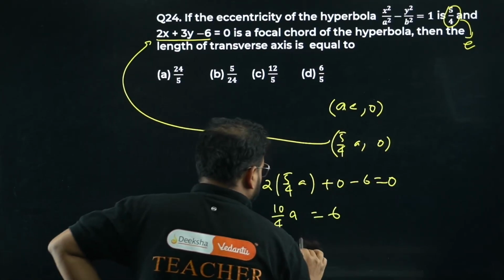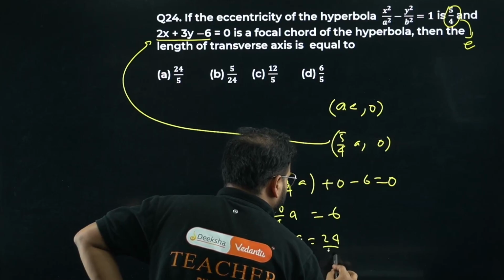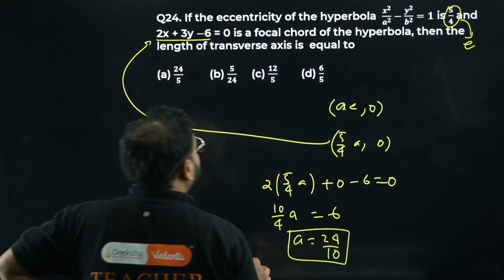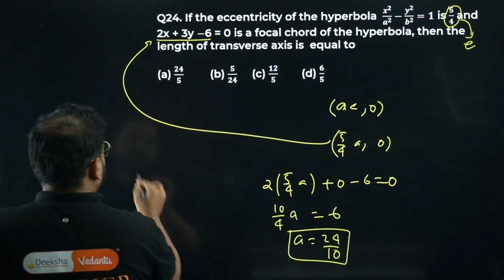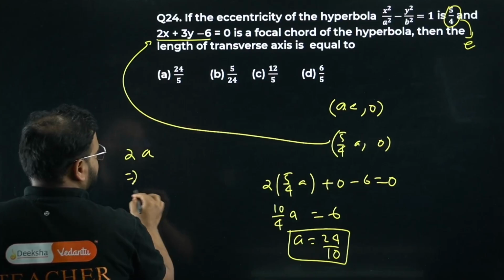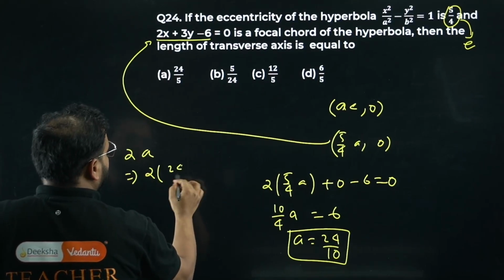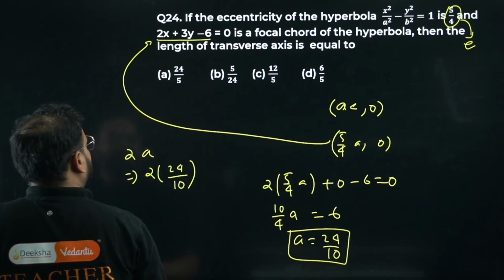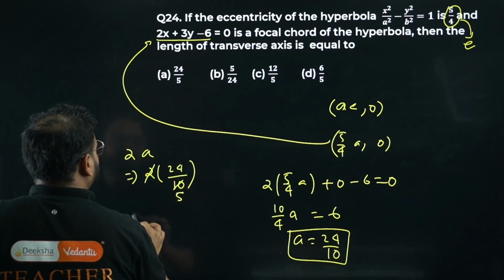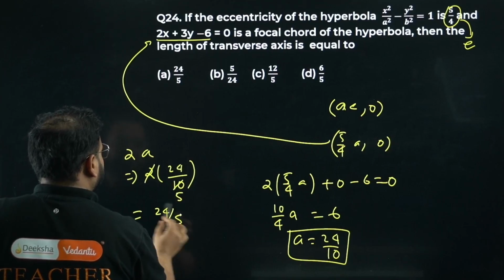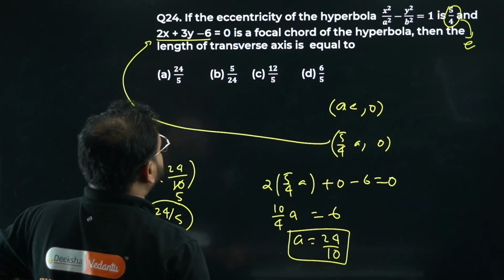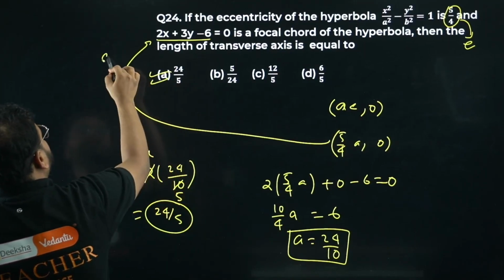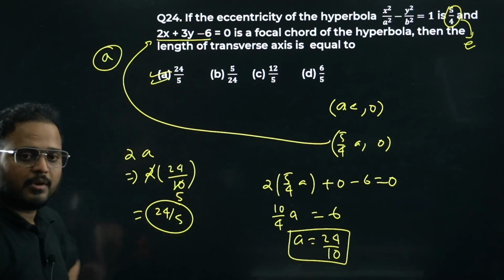I'm getting the A value as 24 by 10. They're asking for the length of the axis, which is simply 2A. So 2 times 24 by 10 gives 24 by 5. Option A. Done. 24th is done. Question number 25 now.